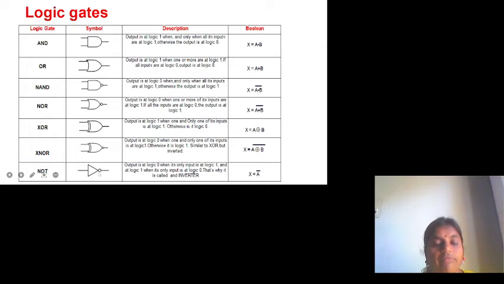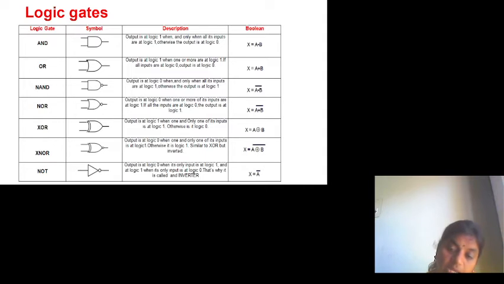So a buffer with a bubble acts as an inverter circuit, and the Boolean expression is X is equal to A bar, where A bar is called the Boolean complement. If A is your input, you will get A bar as the output for the NOT gate.